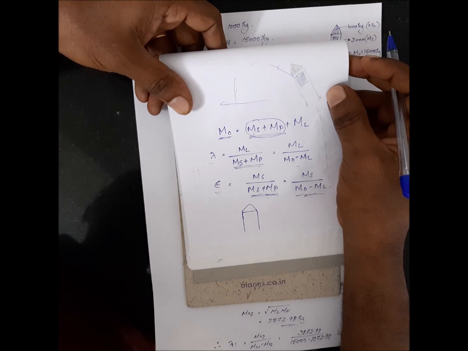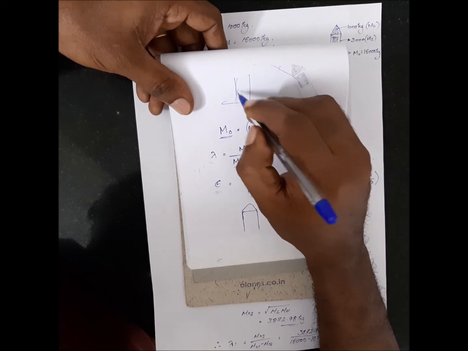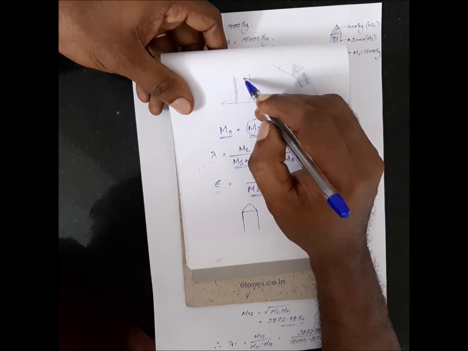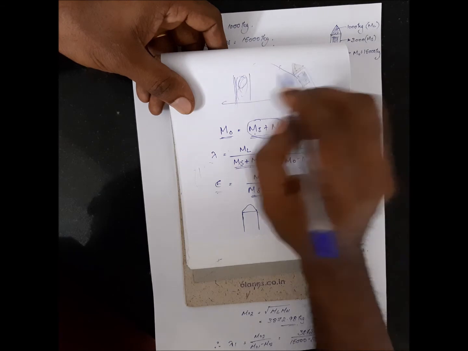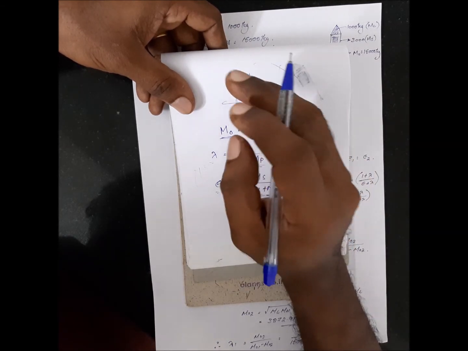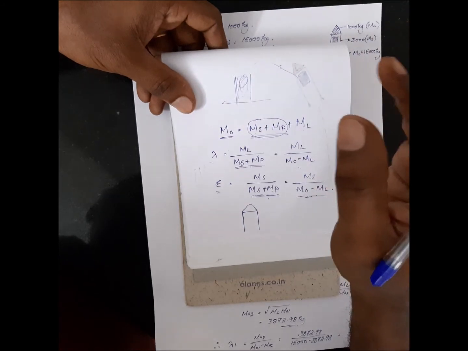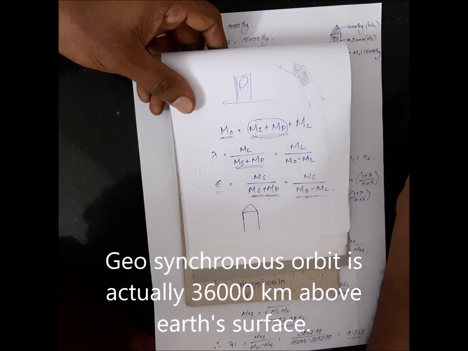So at that far away point, if you want to deliver the satellite at one go, if you are using a single stage rocket, the mass of propellant that has to be stored is very huge. Okay, so the idea is you have to get the rocket at one go to the orbit, which is 32,000 kilometers above the Earth's surface.